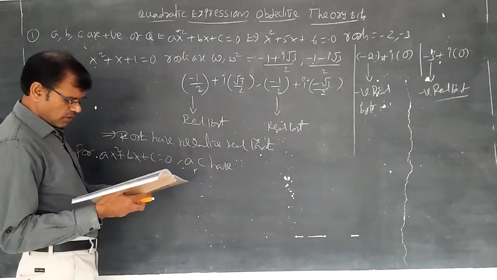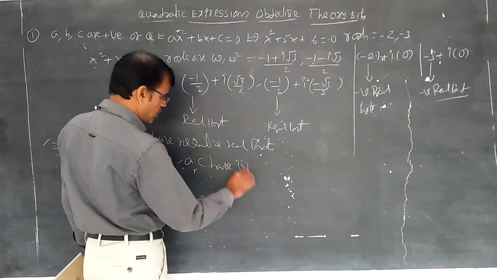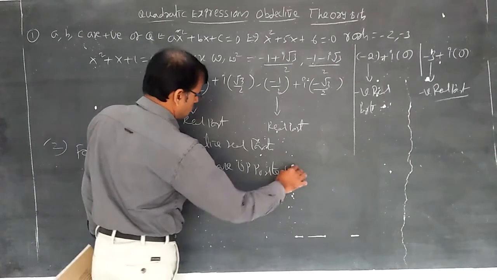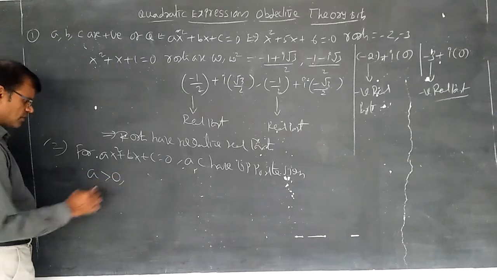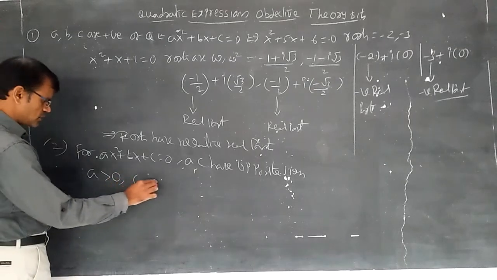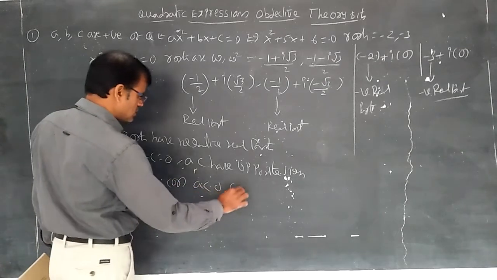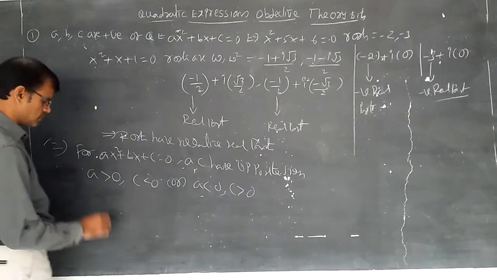We do not discuss B. Whenever A comma C have opposite sign, either A greater than 0 and C less than 0, or A less than 0 and C greater than 0. Of course, this is plus into minus or minus into plus.